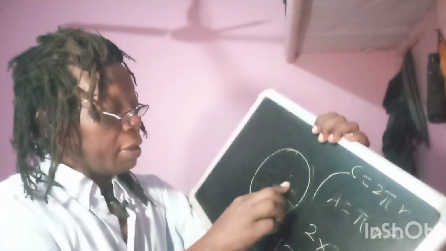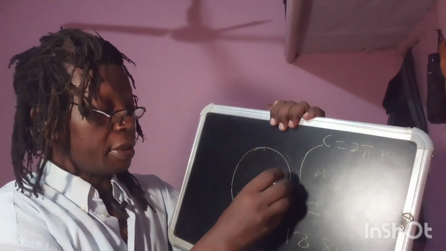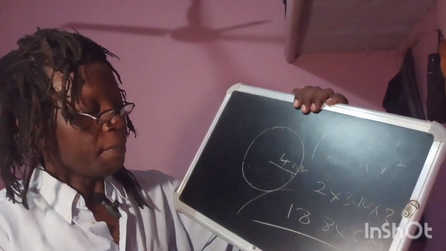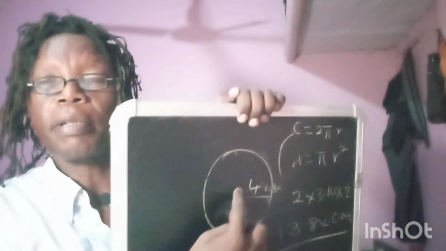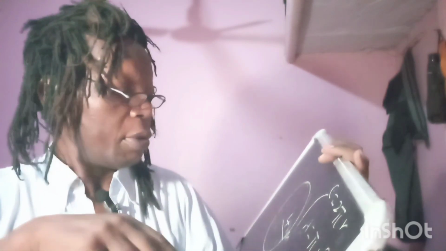You can do more examples. Suppose we have 4 here. Let's use centimeters for convenience. If you take 4, what is going to be the answer? Now let me give you some homework so you can find the answers and post in the comments below. What is the circumference of a circle given the radius is 2 centimeters?